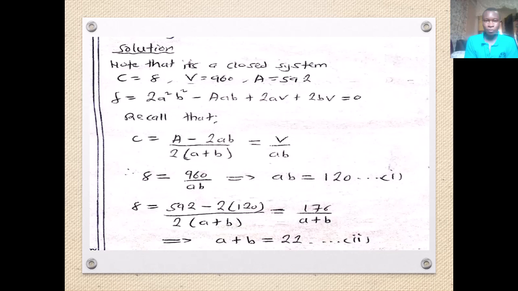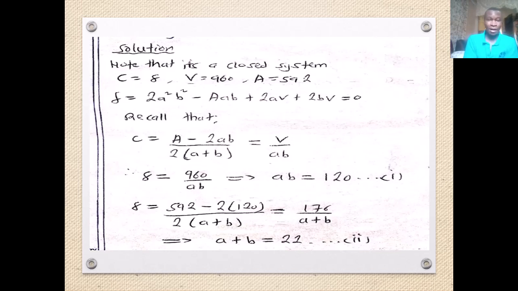The volume was provided as 960 and the surface area was given as 592. Because a building is a closed system, we are going to use the closed system model, which is 2a squared b squared minus aab plus 2av plus 2bv is equal to 0.